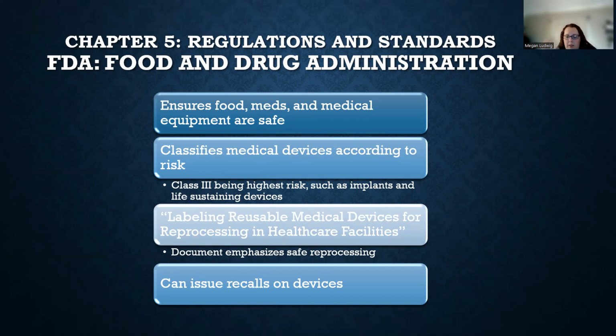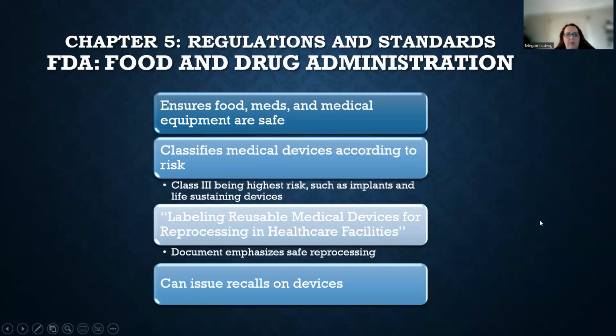There are, again, stringent guidelines that have to be followed for reusable medical devices. Certain things cannot be reused or reprocessed, and some things can be. For example, an implant that has been inside the patient can no longer be reprocessed or reused for somebody else. It has to be discarded. So they have those types of standards.